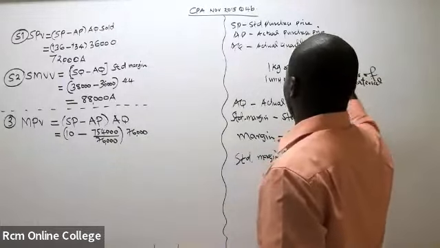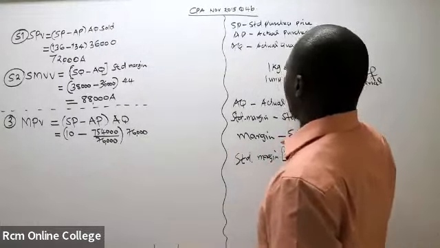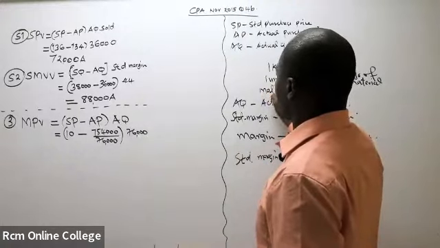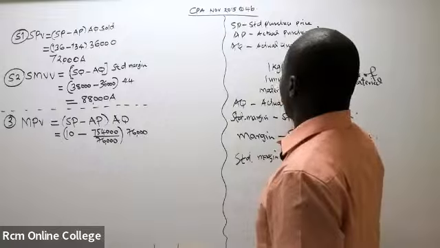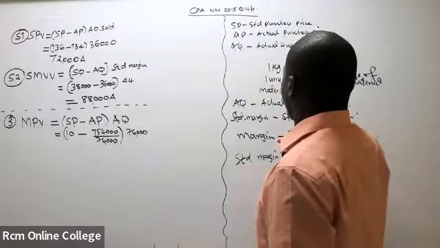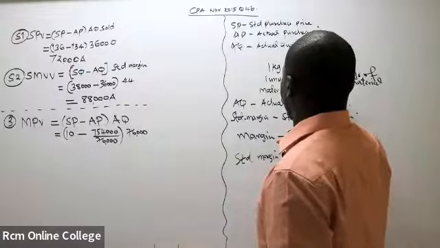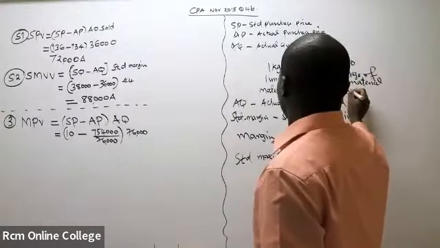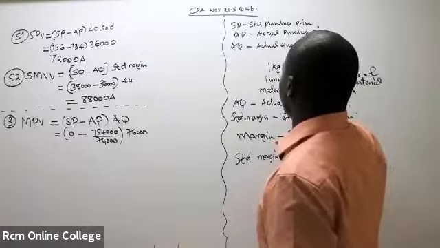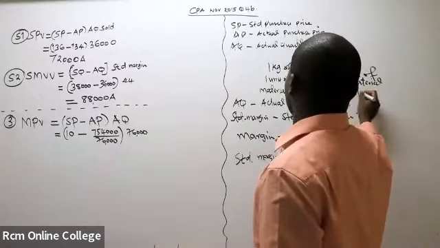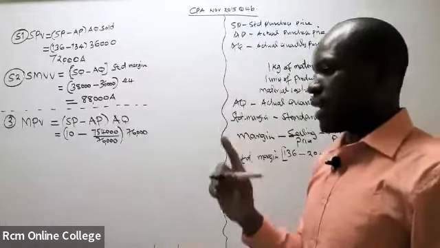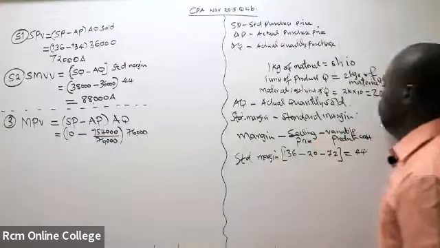So how much are we going to spend to be able to produce 1 unit of product Q? So material cost per unit of Q will be 2 kgs multiplied by the purchase price per kg, which is 10 shillings. So that will give us 20. Now, in the question under standard costs, you are given 20 shillings.